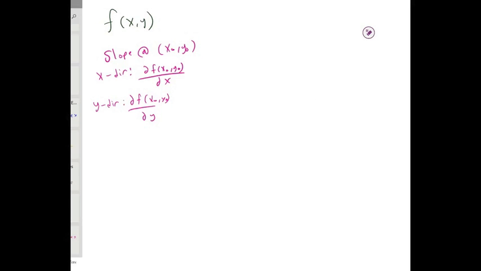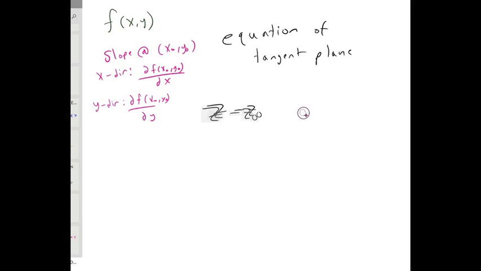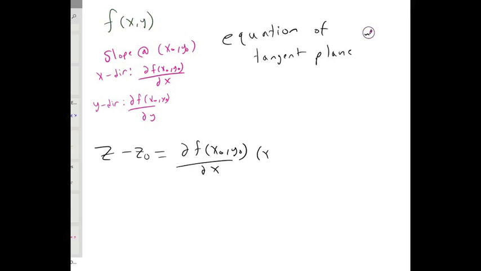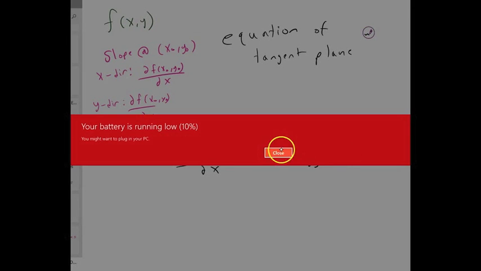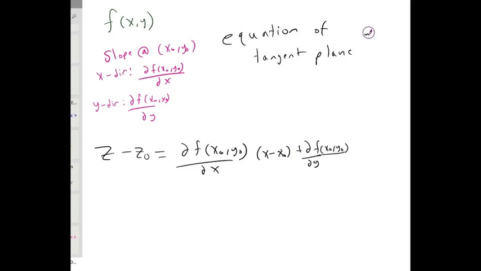The point is, we have a tangent plane, and the equation of the tangent plane is z minus z0, I'll move this here so we have room, equals df/dx at x0, y0 times x minus x0, plus df/dy at x0, y0 times y minus y0.